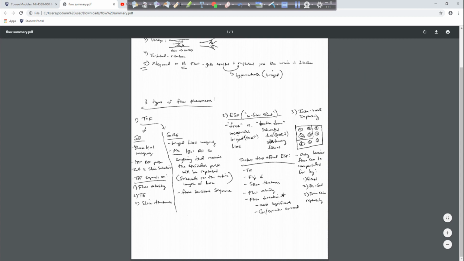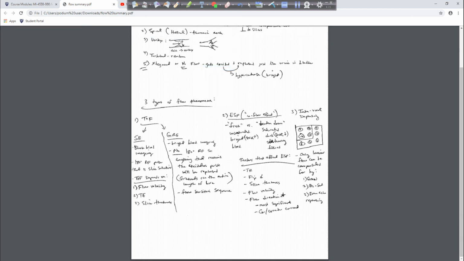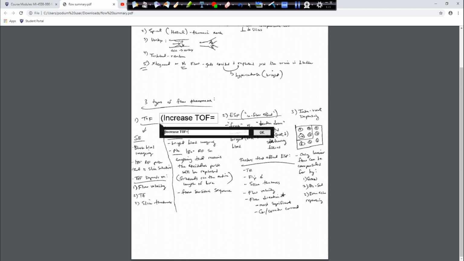So when we talk about time of flight, it can be described as if you increase time of flight, what happens is we get a signal loss.